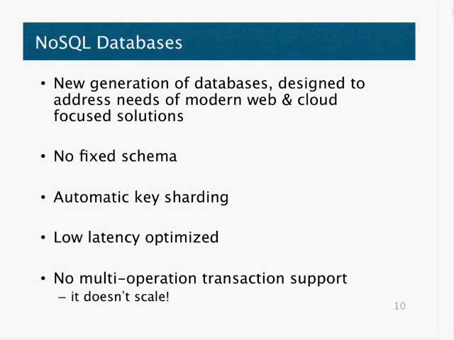Low latency is a key requirement for interactive applications, so most NoSQL databases have some element of low latency optimizations, even though that's an area where there are quite big differences depending on the system.